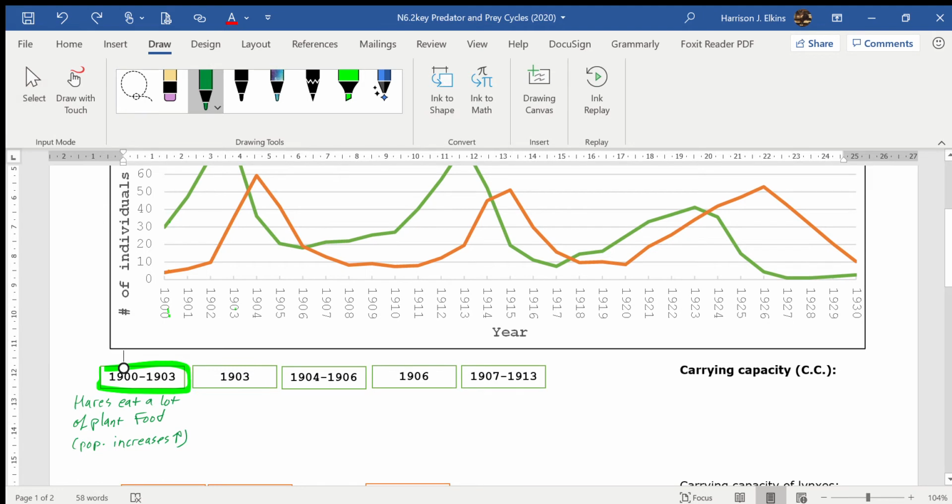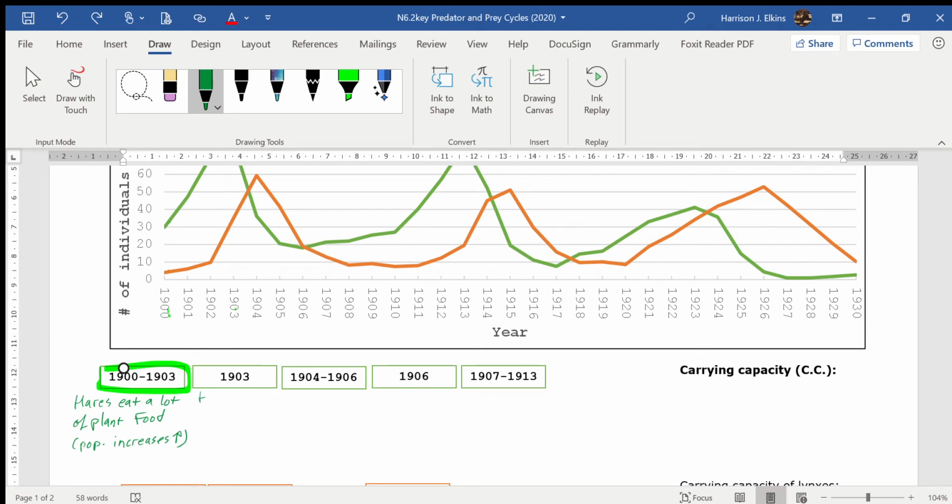The reason is because they're really overexhausting their resources. You have all these hares, they're having babies, you're having more hares, and all these hares are eating up these plants, and eventually the plant population is going to really decrease, and there's not going to be enough for all the hares to sustain that population, and so they reach a peak.